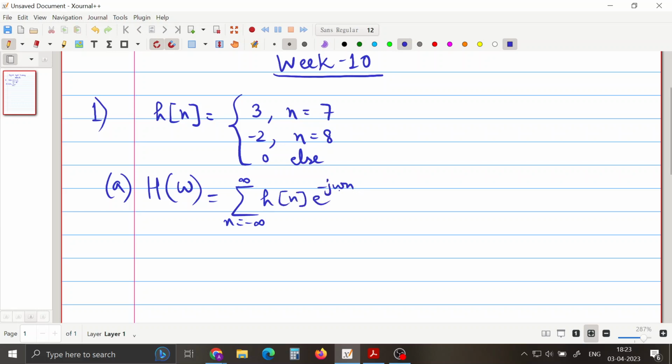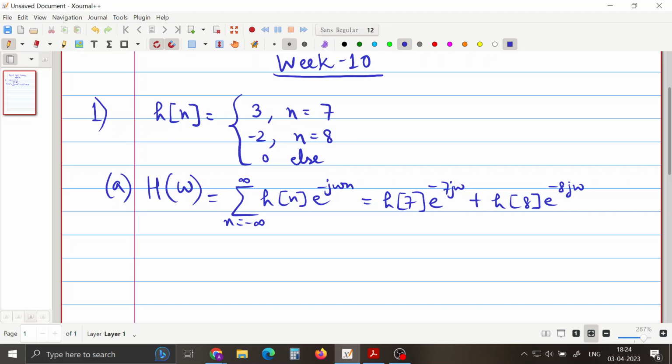Now there are only two non-zero samples, at n equals 7 and n equals 8. So only those two values of n will contribute to this summation. We first put n equals 7 and we get this, and the second term would be this.